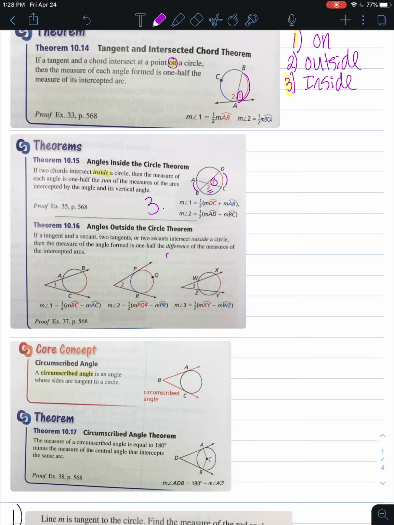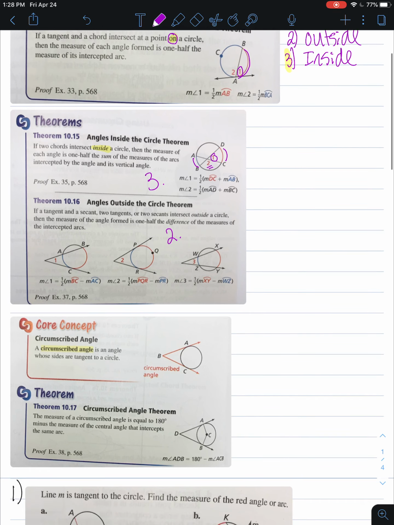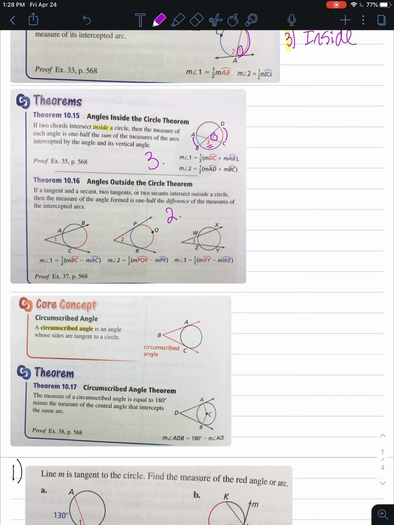Now, the last one is if the lines intersect outside of the circle. If a tangent and a secant, two tangents, or two secants intersect outside a circle, then the measure of the angle formed is 1/2 the difference of the measures of the intercepted arcs. On the one above, you would add them and divide by 2. In this instance, you subtract and then divide by 2.